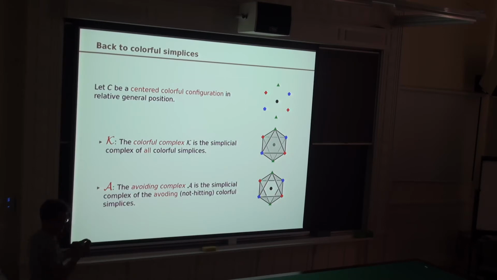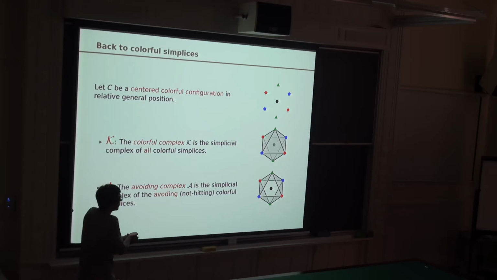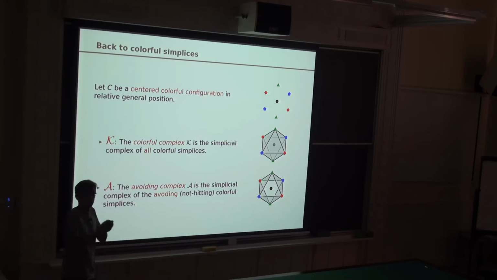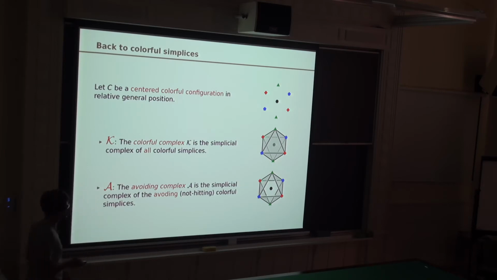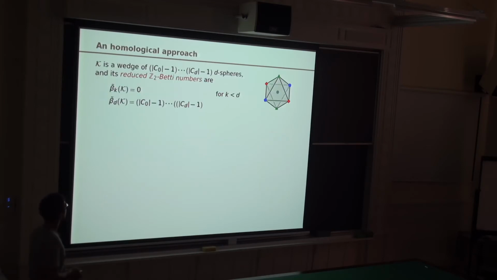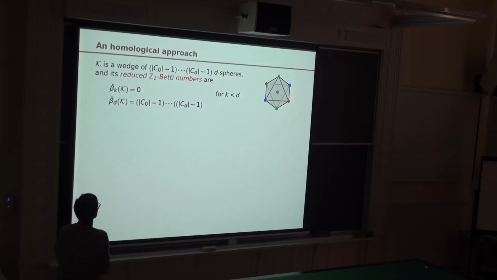And there's only some full-dimensional faces that are missing. Like for this example, there's only 2 faces of this octahedron that I remove, because these are the only 2 triangles that contain the origin in the convex hull. So these are my two complexes.